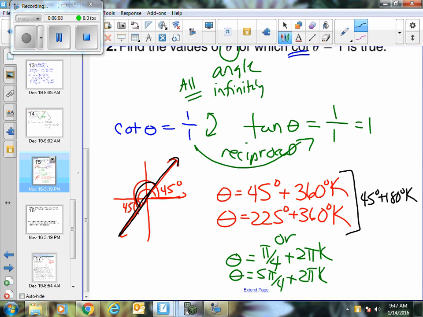Would that cover all of our bases here? Well, we'd have every 45 and then 180 degrees later and 180 degrees later and 180 degrees later. It actually is a more succinct statement. So you can write this. It's fantastic. You don't have to. Some people like to have the separate cases, but because they're evenly spaced in the unit circle, you can actually combine them into one.